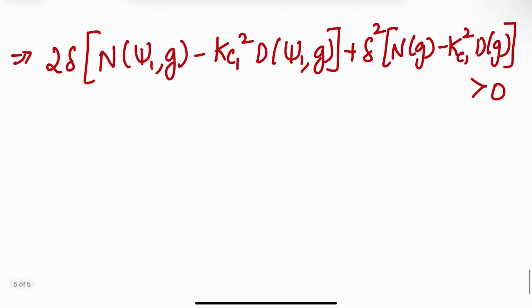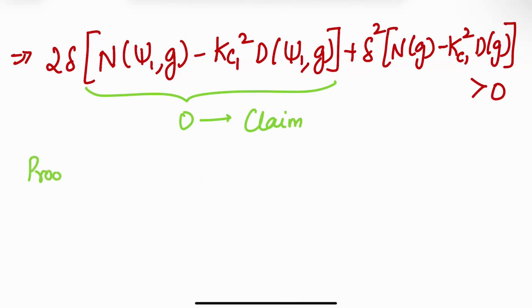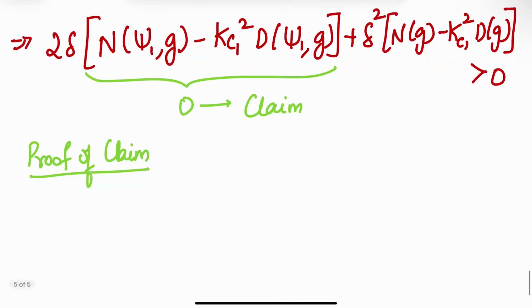Now the interesting thing here is my claim that this whole thing must be 0. This is the claim, so we want to prove that claim. This is where the nuance of the proof comes in.